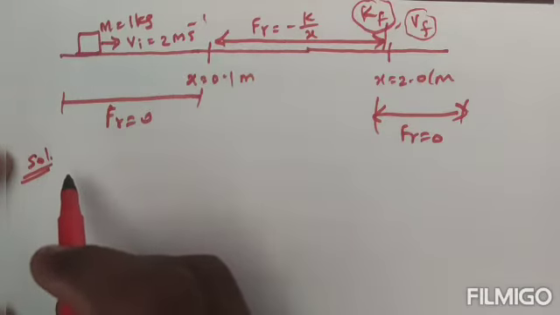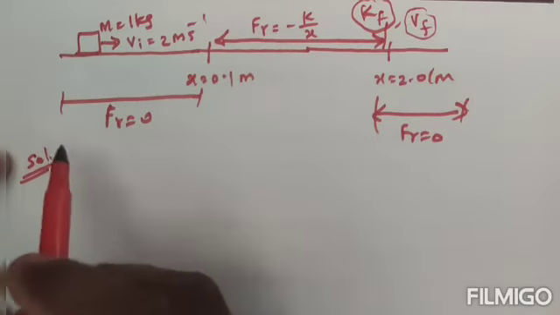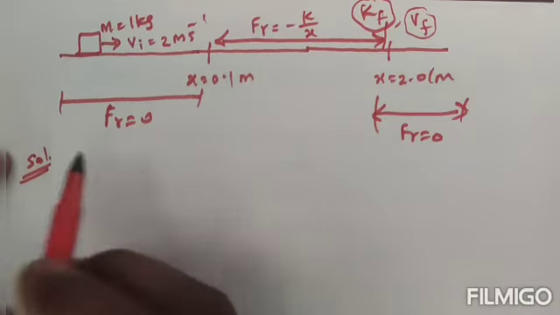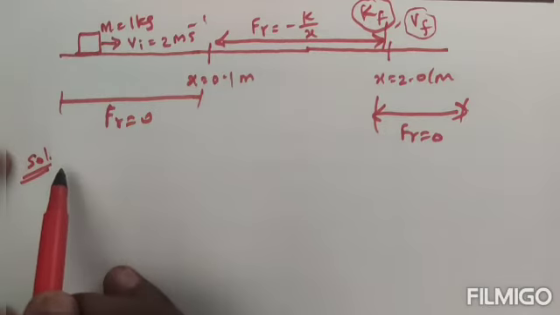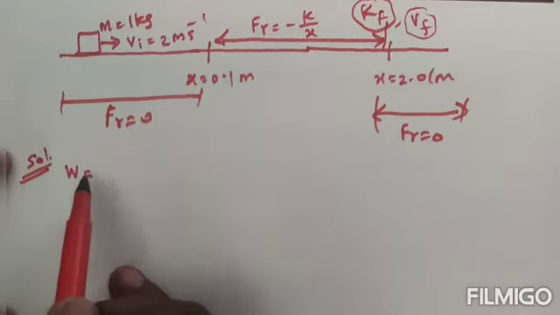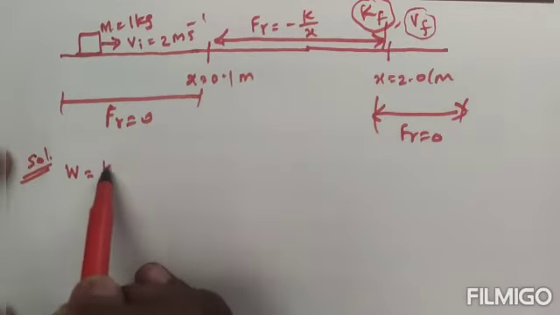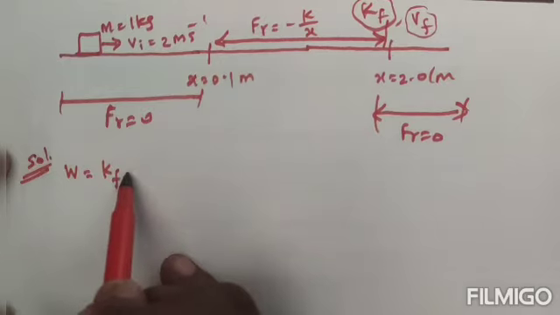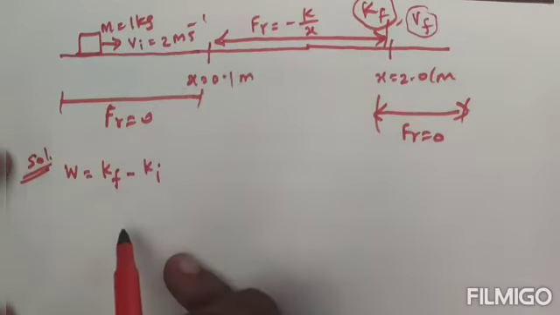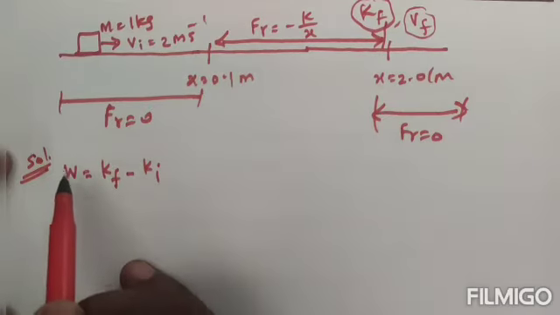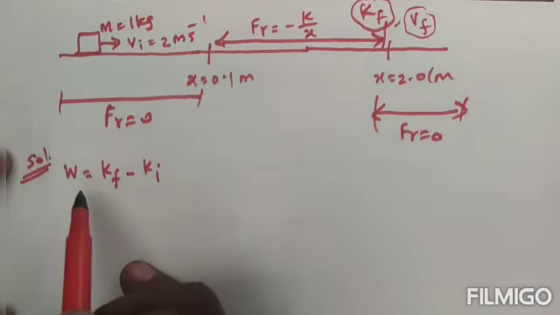This is by using the work energy theorem. So we know very well the work energy theorem, that is W is equal to final kinetic energy minus initial kinetic energy. This change in kinetic energy only we call work done, that is the work energy theorem.